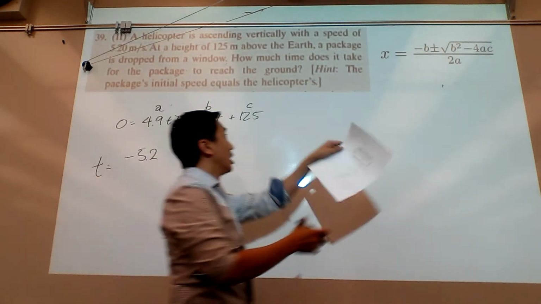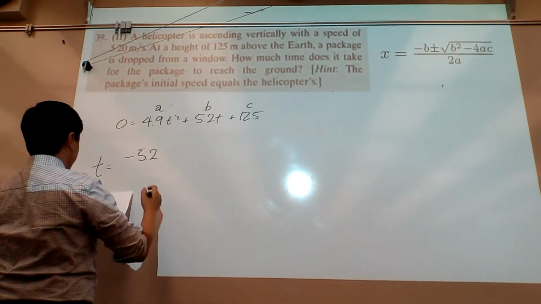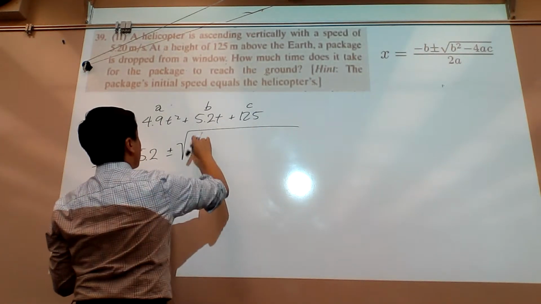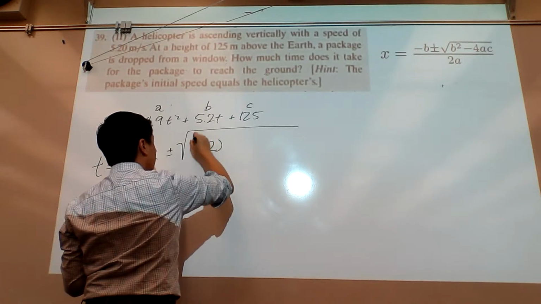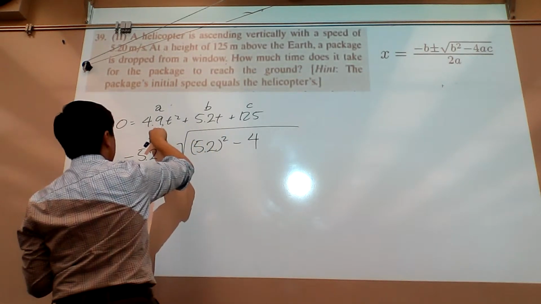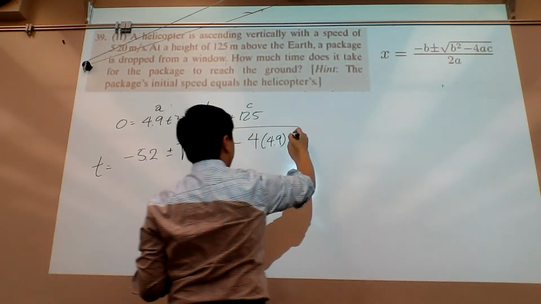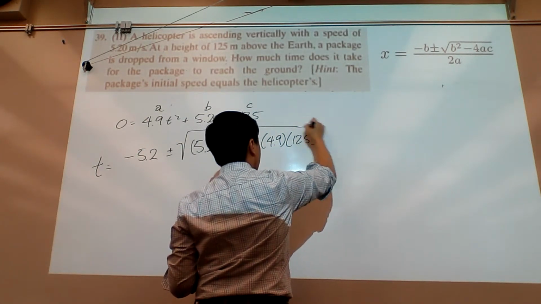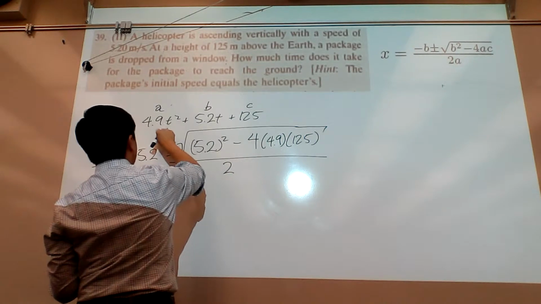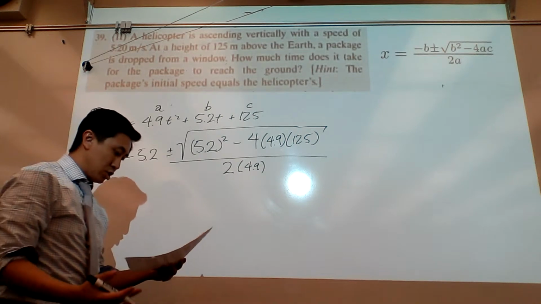If you don't know what I'm doing, I'm filling in with the quadratic formula, for those of us who aren't in that math yet. 5.2 plus or minus the square root of b squared, which is 5.2 squared, minus 4ac. 4 times a, which is 4.9, times c, which is 125, divided by 2a, 2 times 4.9. If you plug it in, you should get around 5.6.